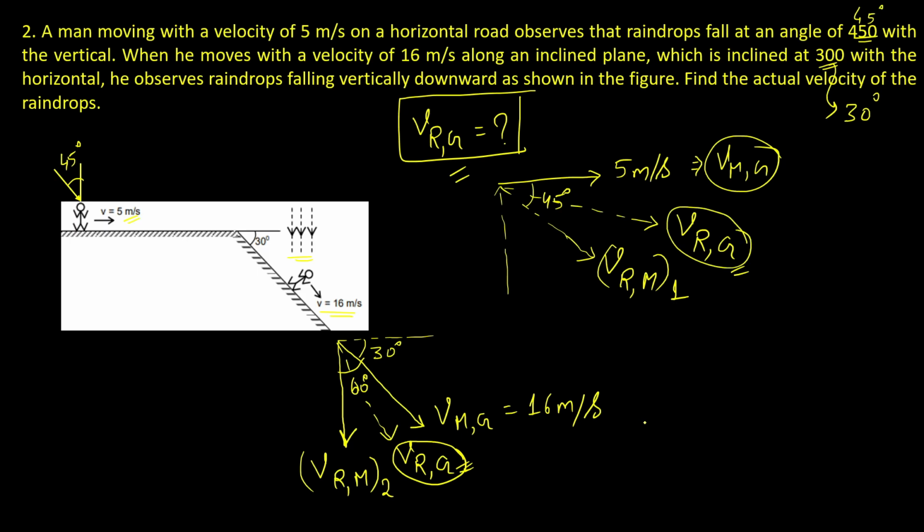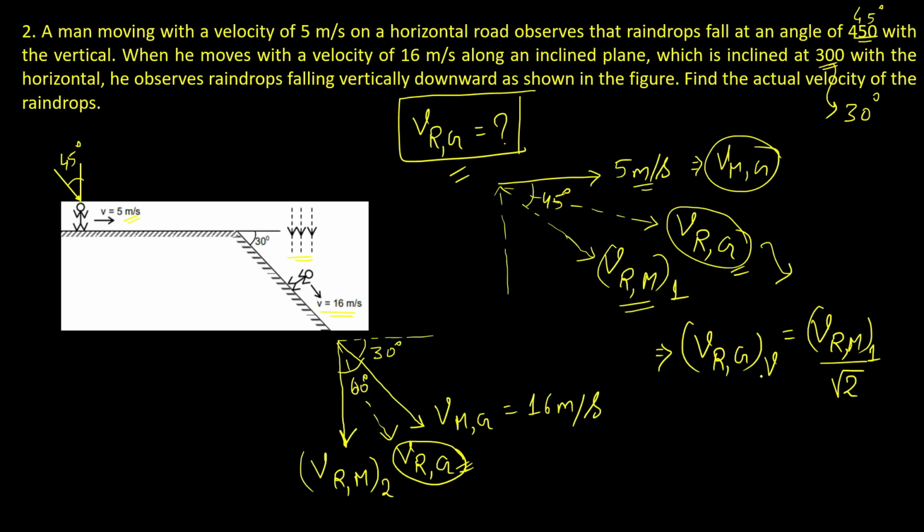So again I will apply the same thing like VRG V and VRG H, the vertical and the horizontal components. So first of all consider this, then from here V, actually the vertical component, will be equal to what? Contributed by this only, because this is completely horizontal. So that will be VRM1 cos of 45, upon root 2. Cos of 45 and sin of 45 are the same, that is 1 upon root 2. So this is the vertical component.